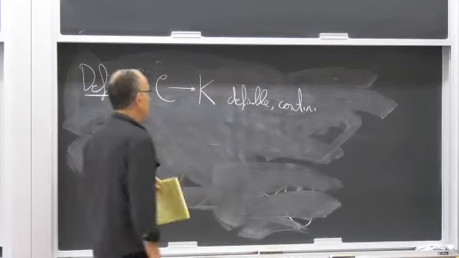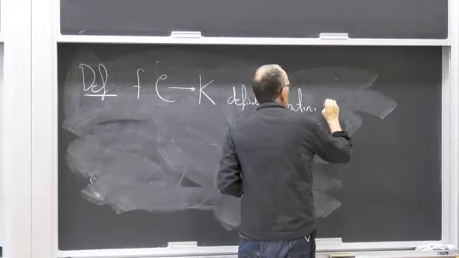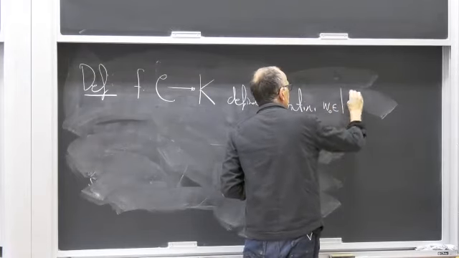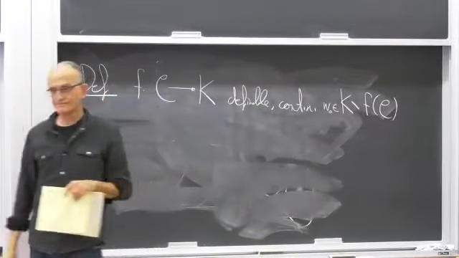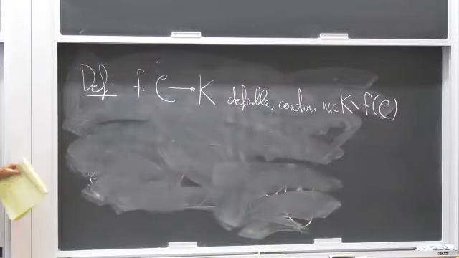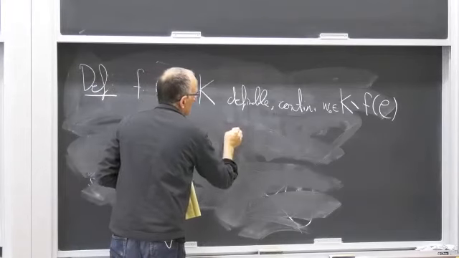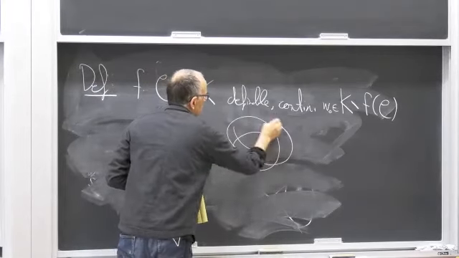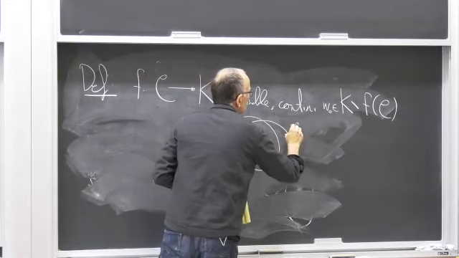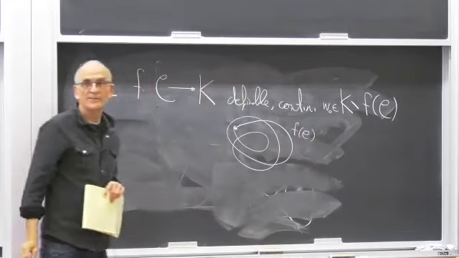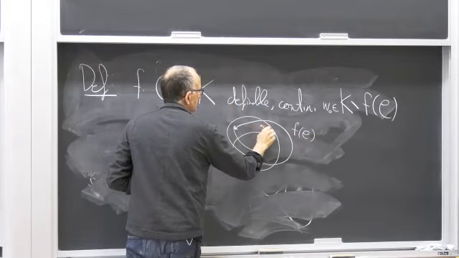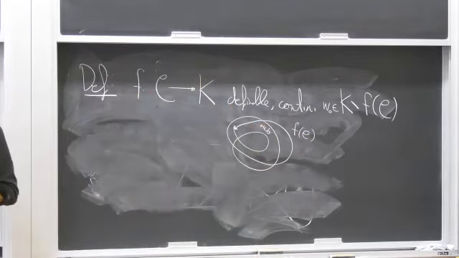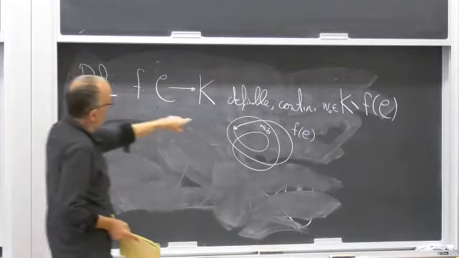And now let's pick W0 in K, but not on the image of the curve. So the picture is the curve may be doing something like that. This is F of C. And we pick W0 somewhere here. Now we can convert this picture.